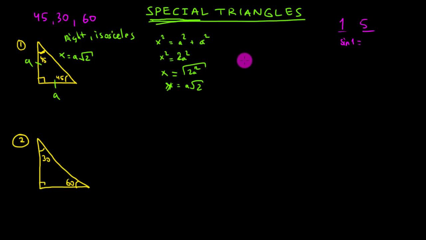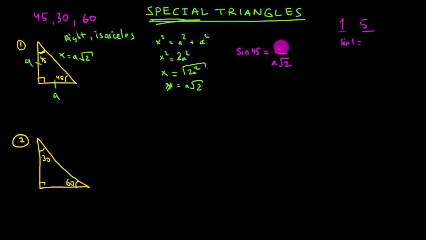So what is then, let's say, sine 45? No matter which angle you take, since they're equal, it doesn't matter. So let's take 45. Opposite is a, hypotenuse is a root 2.